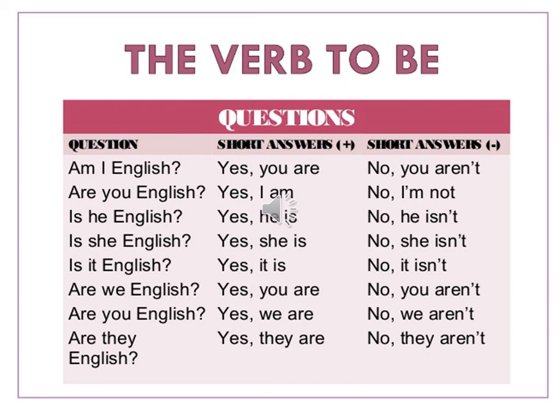No, he isn't. Is she English? Yes, she is. No, she isn't. Is it English? Yes, it is. No, it isn't. Are we English? Yes, you are. No, you aren't. Are you English? Yes, we are. No, we aren't. Are they English? Yes, they are. No, they aren't.